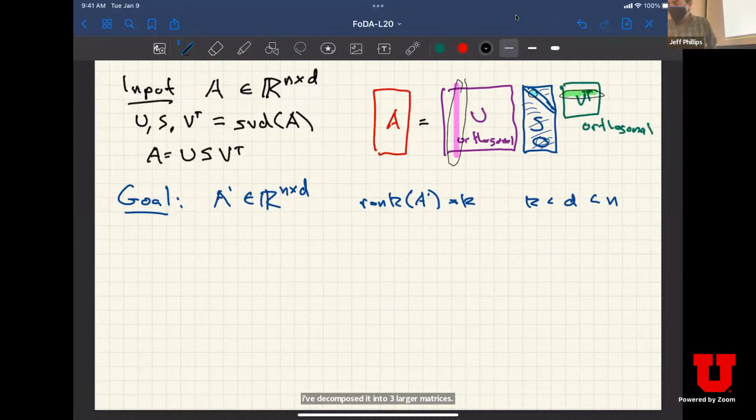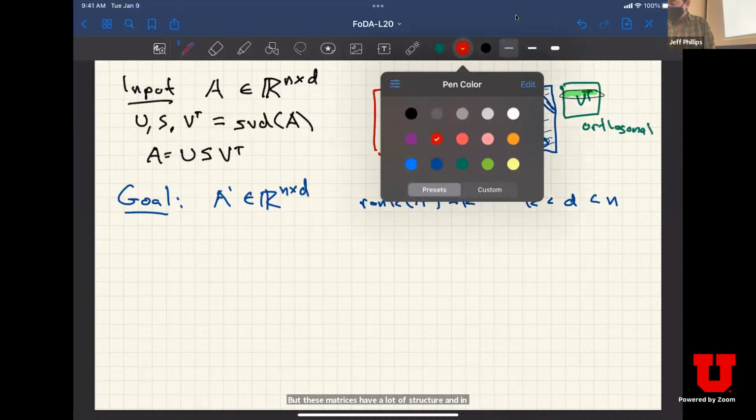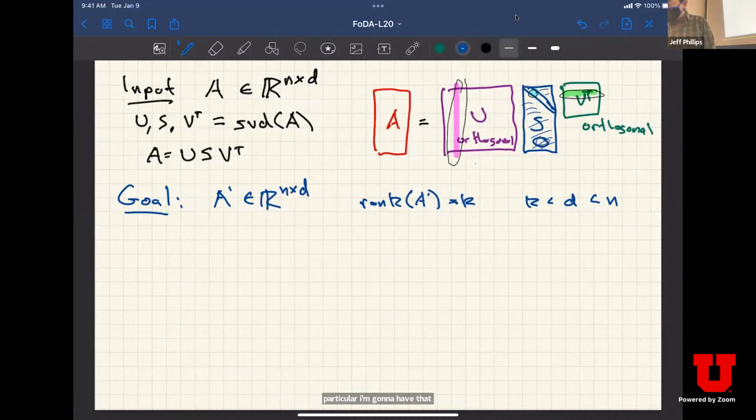And in particular, I'm going to have that S11 is the first singular value. This is greater or equal than sigma 2, greater or equal than up to sigma r, which is greater or equal than 0.